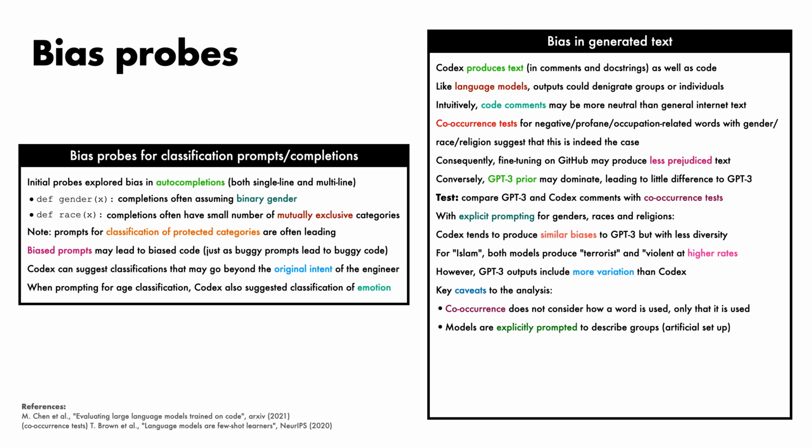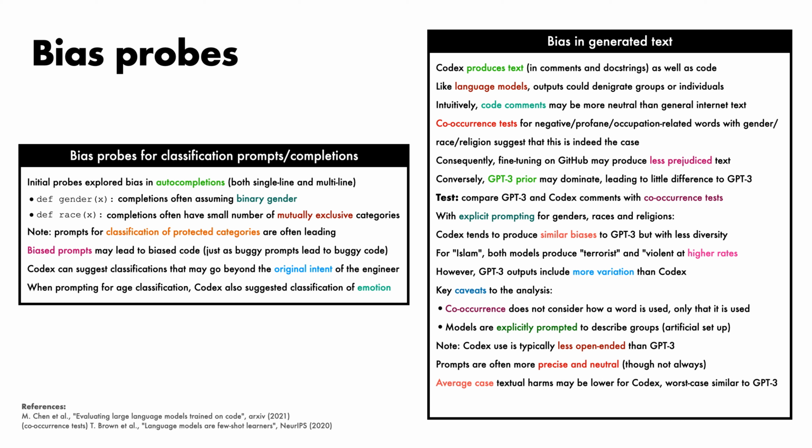In terms of impact, it is observed that Codex usage is typically less open-ended than GPT-3, and that the prompts used are often more precise and neutral, though this is not always true. As such, the authors assess that textual harms are lower for average cases for Codex, but worst-case harms are probably similar to those of GPT-3.